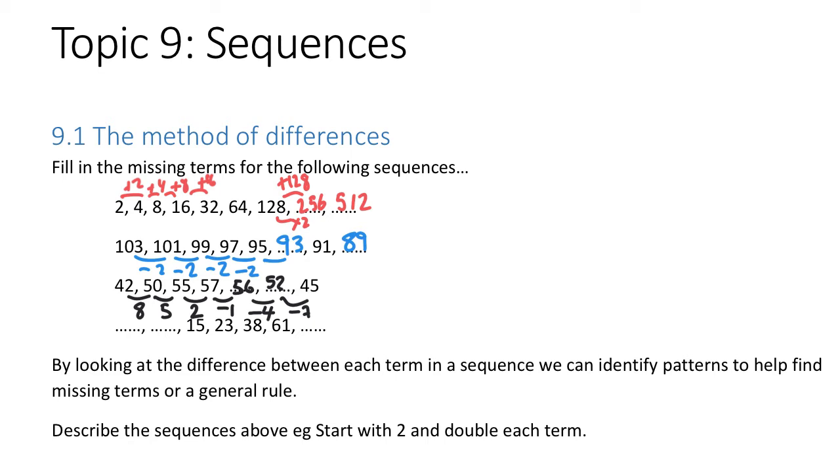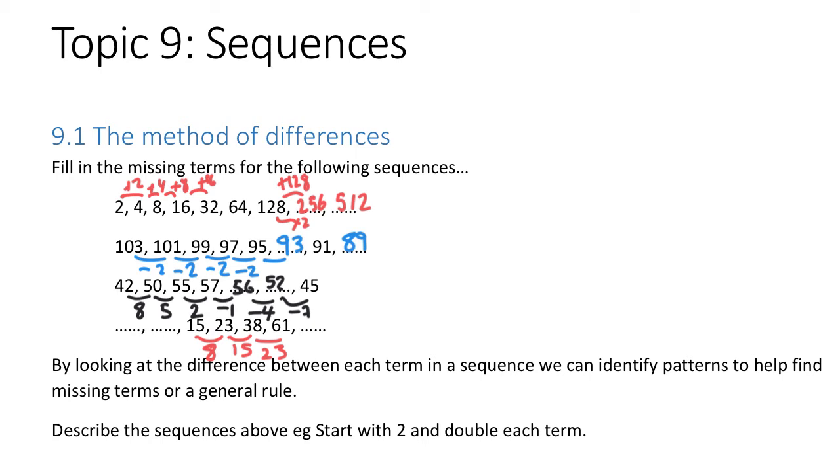The bottom sequence then, to get from 15 to 23, you would add on 8. To get from 23 to 38, you add on 15. From 38 to 61, we add on 23.